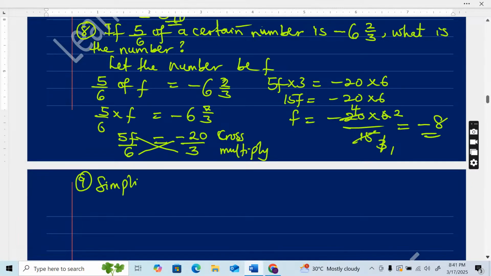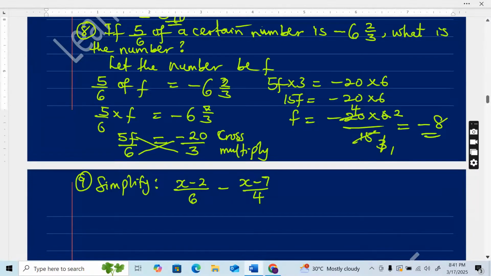Let us simplify x minus 2 over 6 minus x minus 7 over 4. So we want to simplify this particular expression. This is an algebraic fraction, so we need to simplify this.